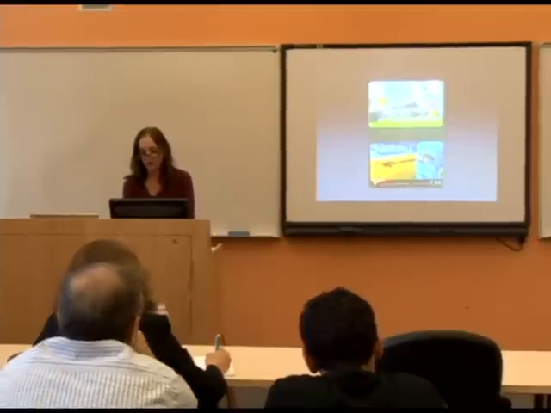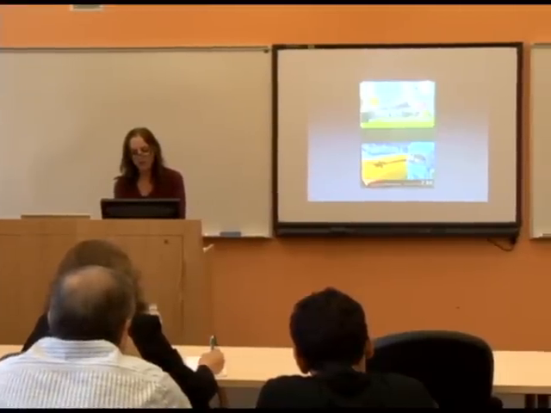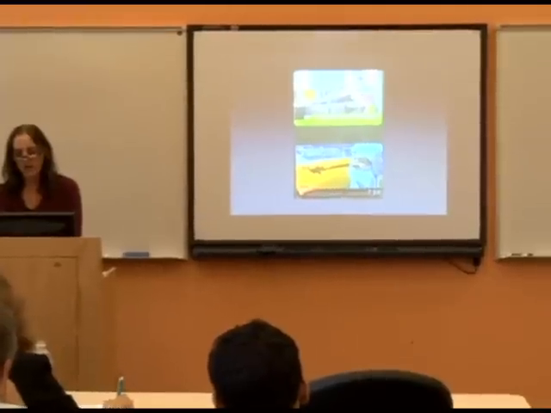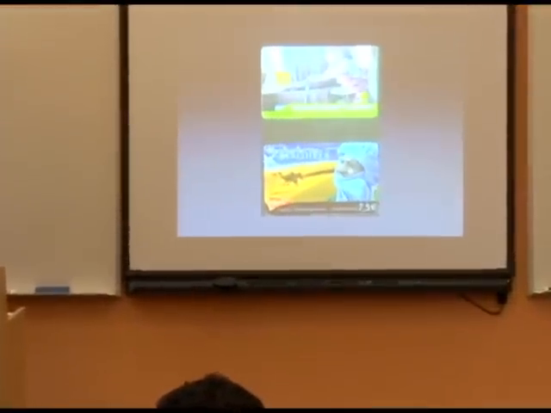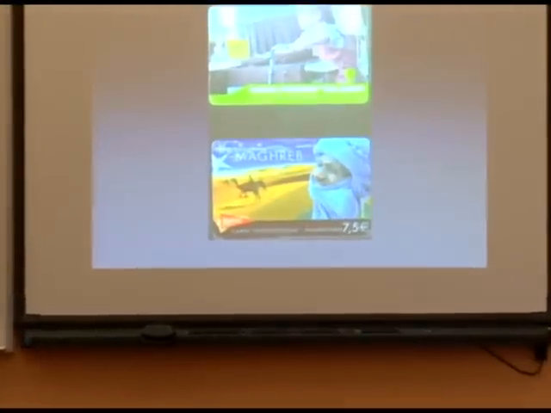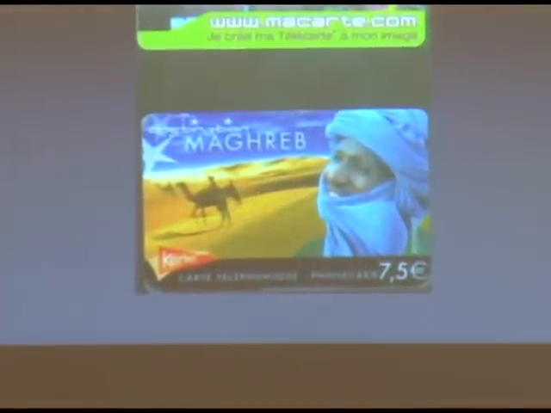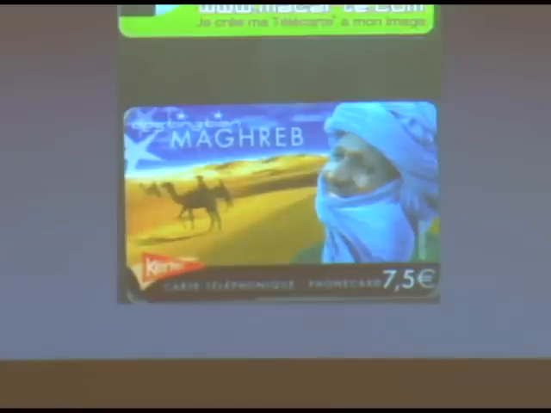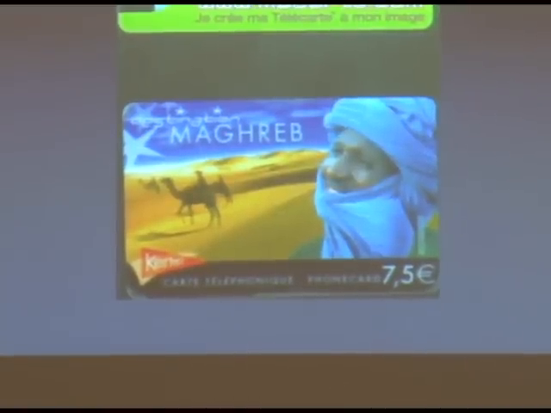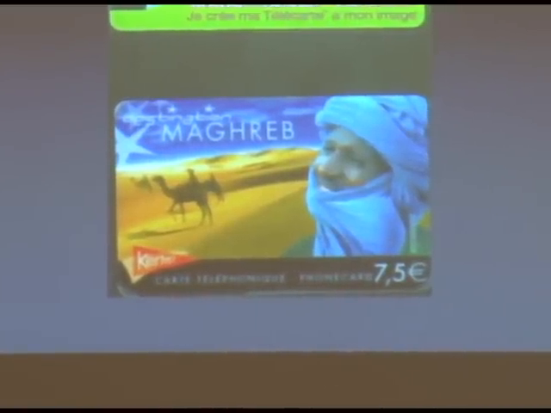by storefront vendors, giving callers a special bundled rate for overseas calls, exhibit a very different iconography. The card here, called Destination Maghreb, allows about 20 minutes of phone time for €7.50. Rather than slogans, it contains urgent information. Do not insert in a public phone booth, i.e., it's not the France Télécom card with the chip that you see on the top.